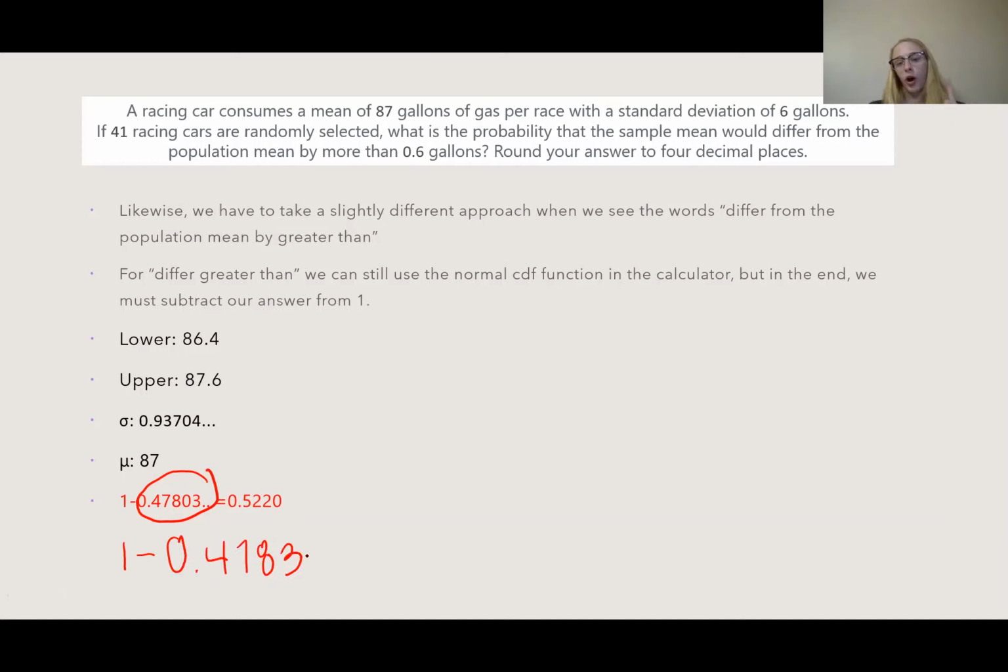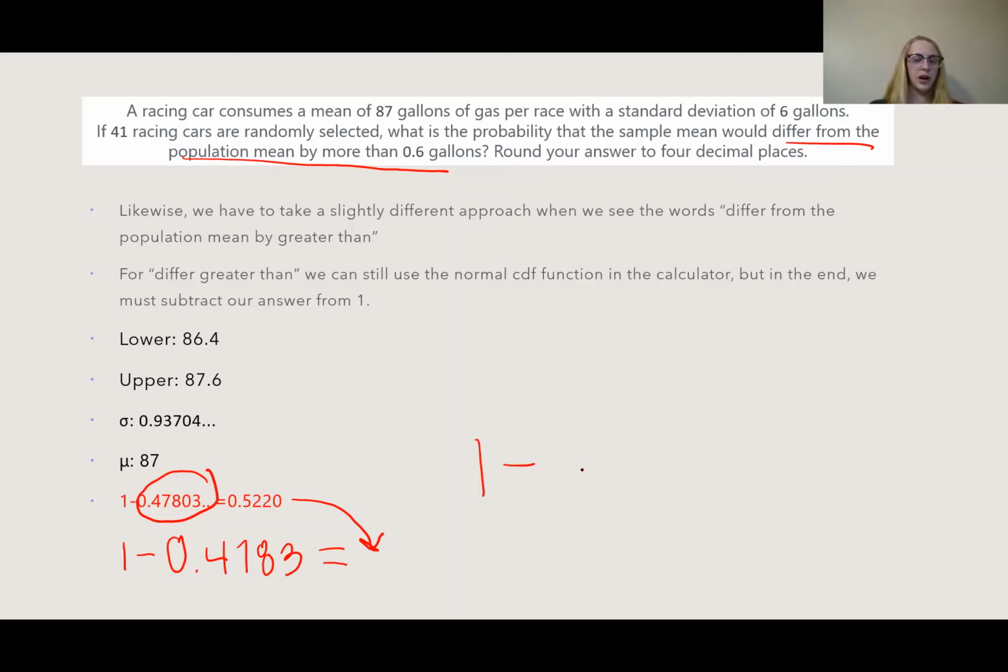You subtract from 1 always to get your final answer. So your final answer ends up being 0.5220 when you subtract that out. With differ from the mean by more than, you always have to subtract the answer you get from norm CDF from 1.